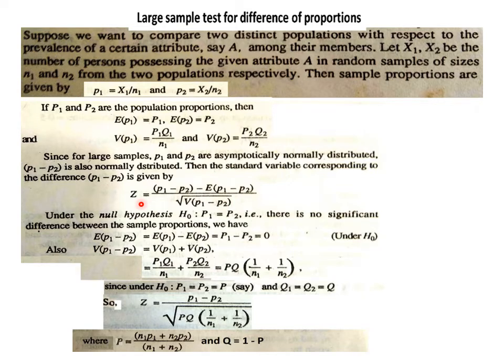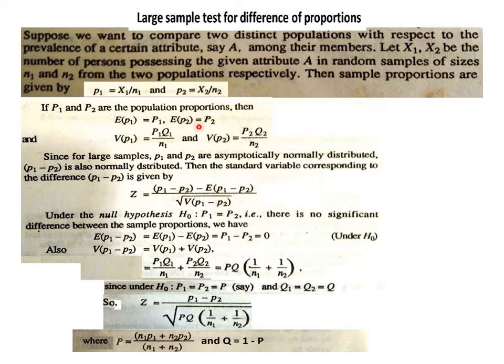In the last lecture we discussed two hypotheses: the null hypothesis as per the statements given in the problem, and the alternative hypothesis, which can be taken if the null hypothesis is not true. Here we take the null hypothesis H0, the symbol always used for the null hypothesis. Under the null hypothesis we assume that there is no significant difference between the sample proportions, that is, the means of the first and second samples are identical or approximately identical.